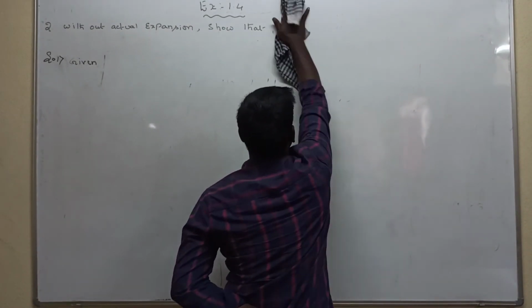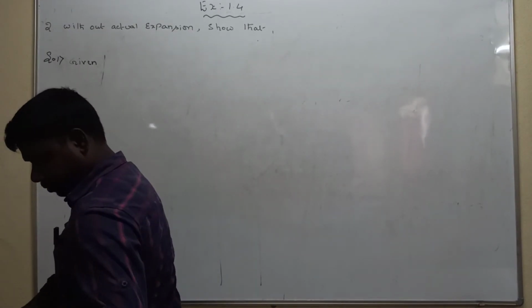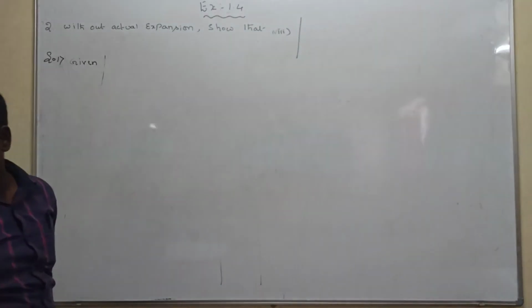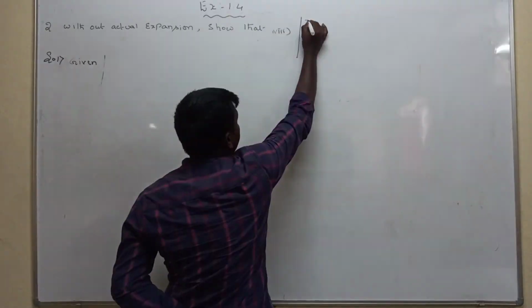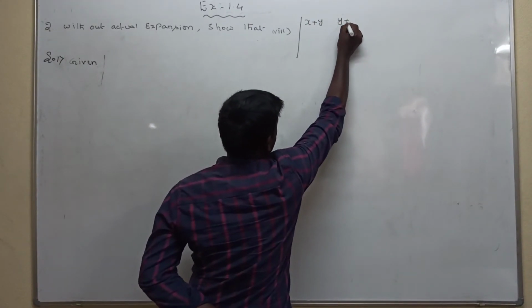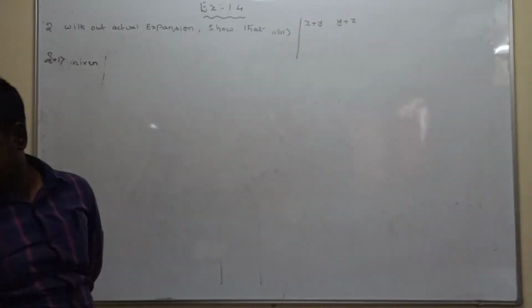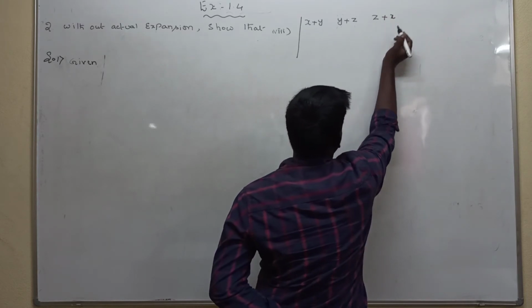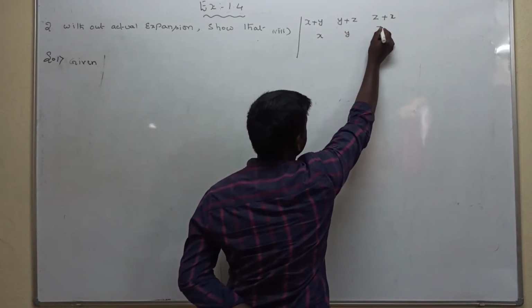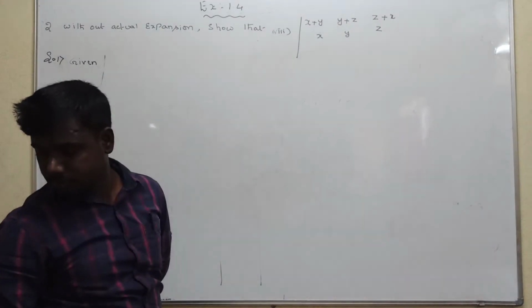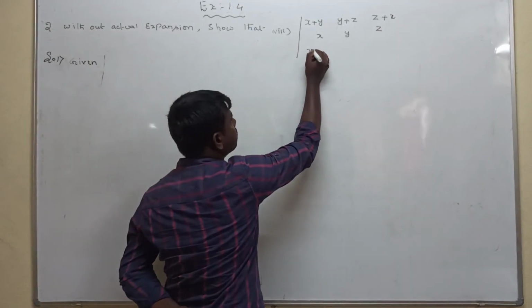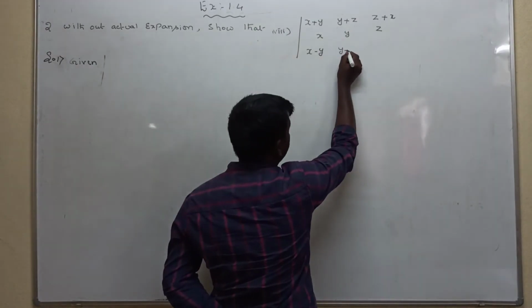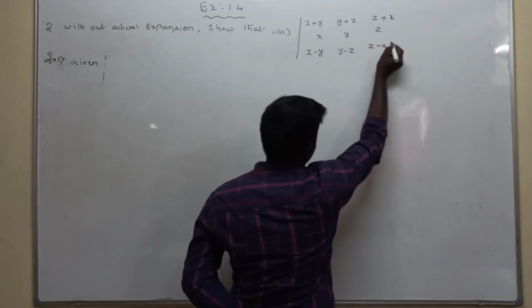See the 8th question. The determinant has first row x plus y, y plus z, z plus x; second row x, y, z; third row x minus y, y minus z, z minus x.